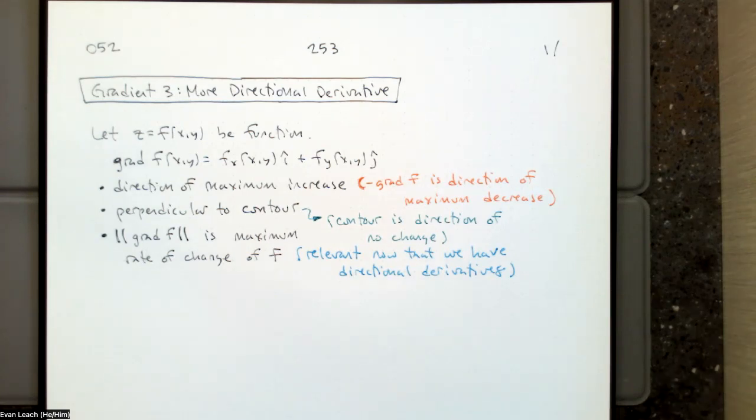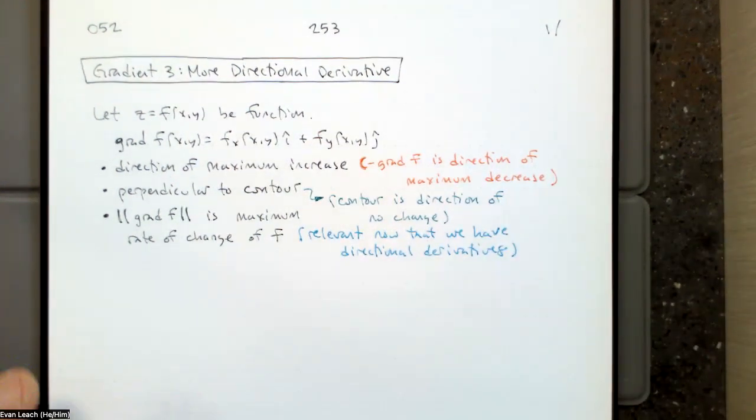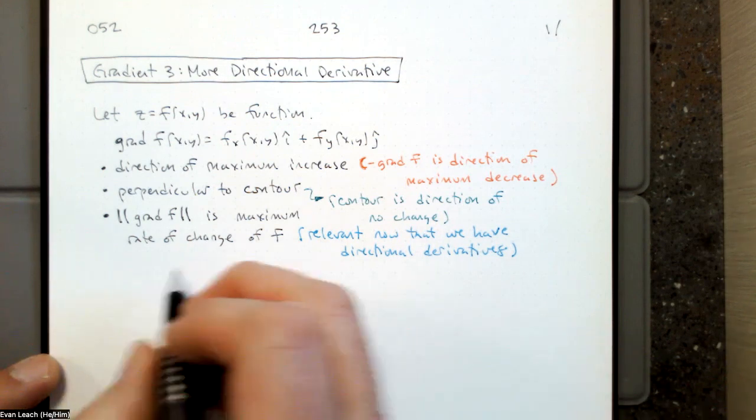This is important because we have the derivative in some random direction. The rate of change of a function in a direction specified by a unit vector is the dot product of the gradient and the unit vector.